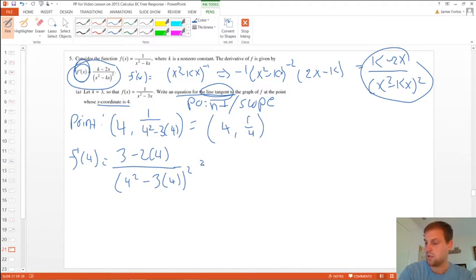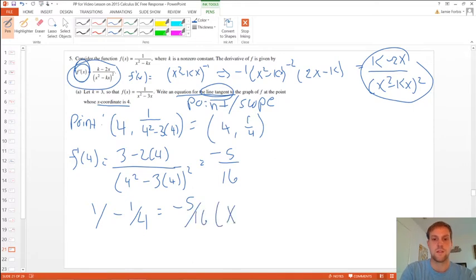That ends up being negative 5 over 16. So we got our point, we got our slope, now we have our tangent line: y minus 1/4 equals my slope, negative 5/16, times x minus 4. So there you have it, the equation of a tangent line. Pretty straightforward, I think.